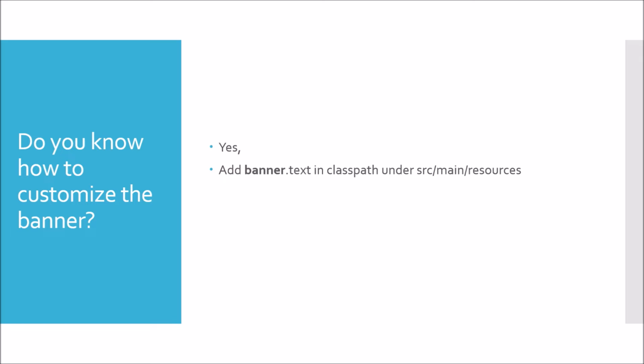Remember here, the name of banner should start with banner only. So it will be banner.txt, banner.jpg or banner.png. Supported types for banner in Spring Boot are .txt, .gif, .png, .jpg also.